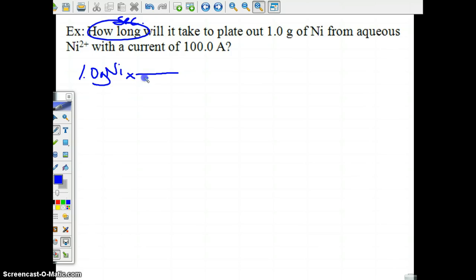When in doubt, convert to moles. And once you have the moles, now you need to do the whole electron and coulomb thing. So 1 mole of nickel is how many moles of electrons if we're using Ni2+? 2 moles of electrons.